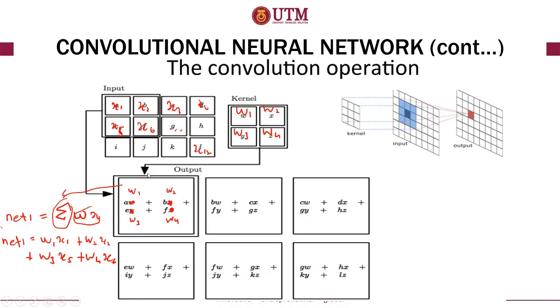As you can see, for this net, I call it net number 1. This is the value. How about this one? Let's call this net number 2. For net number 2, again this one is w1, w2, w3, w4. So for net 2, your b is replaced with x2.